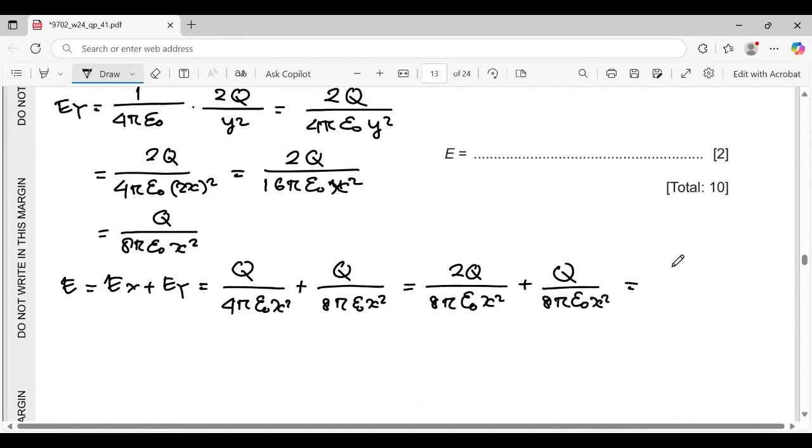So it becomes 3Q over 8 pi epsilon 0 x squared. So this is E, and we can write the solution here: 3Q over 8 pi epsilon 0 x squared.